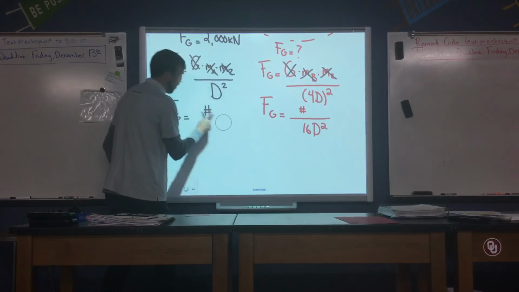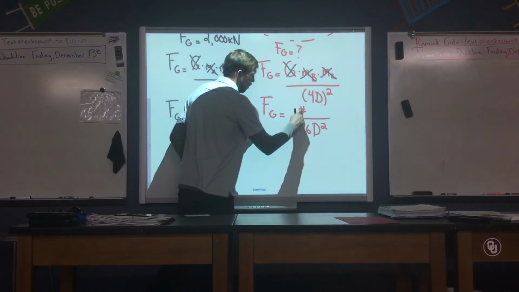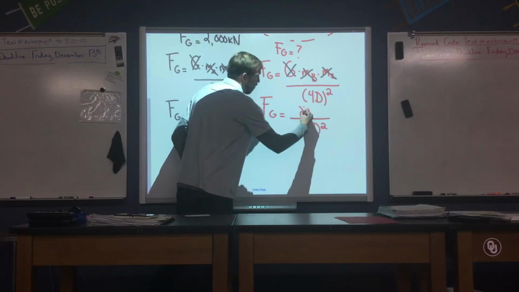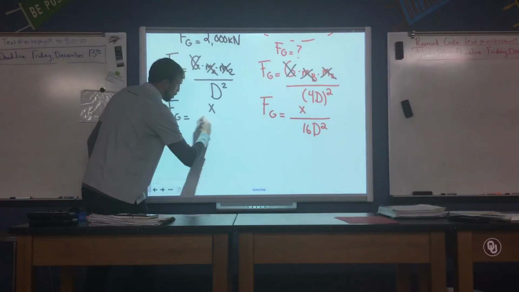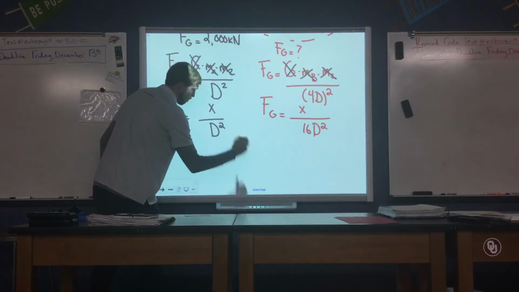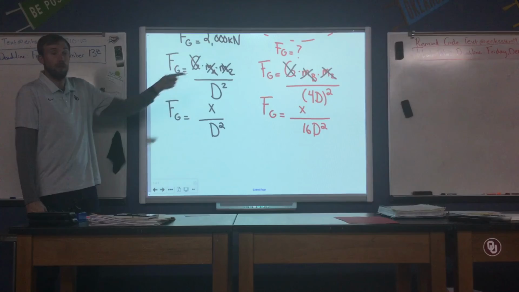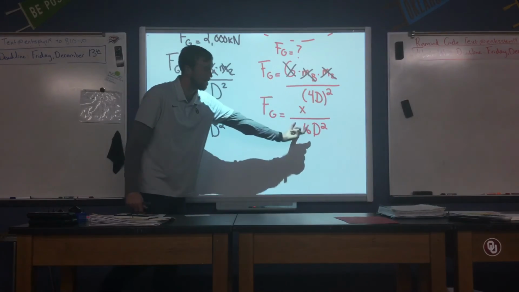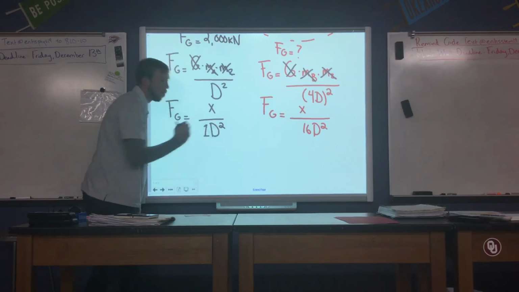Maybe if it helps you, we'll just call it X. And this number is going to be the same because all the values are the same, the constant and the two masses. So this would be X over D squared. So notice the only difference here is that you see a 16 here, and there's no coefficient here, so we can assume it's a 1.